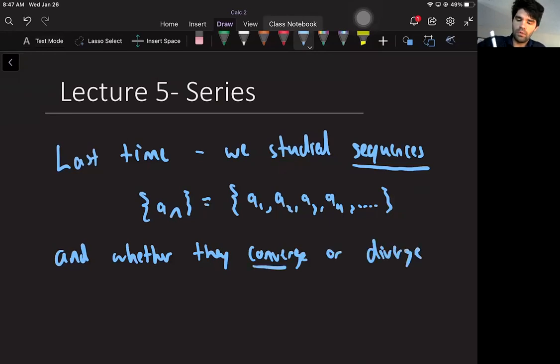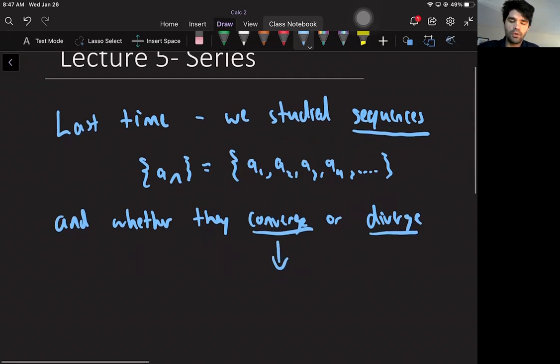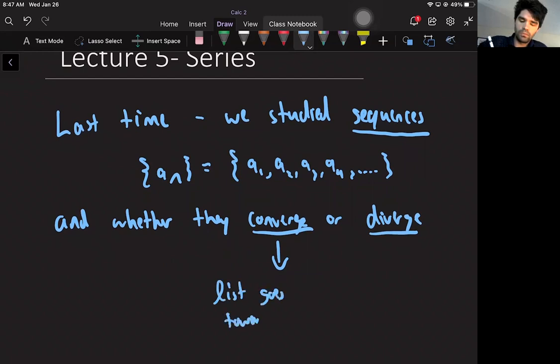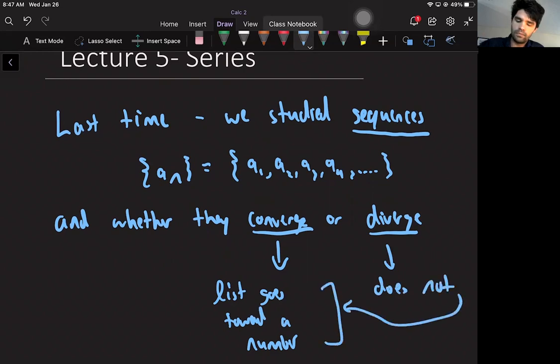So what do these things mean? This means that the list approaches or goes toward a number, and diverges means it does not do that.